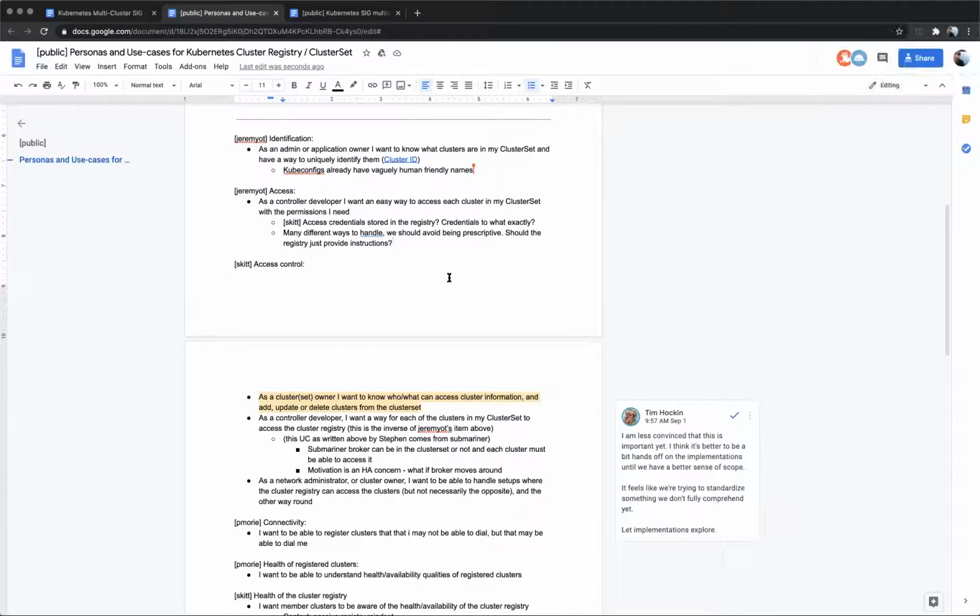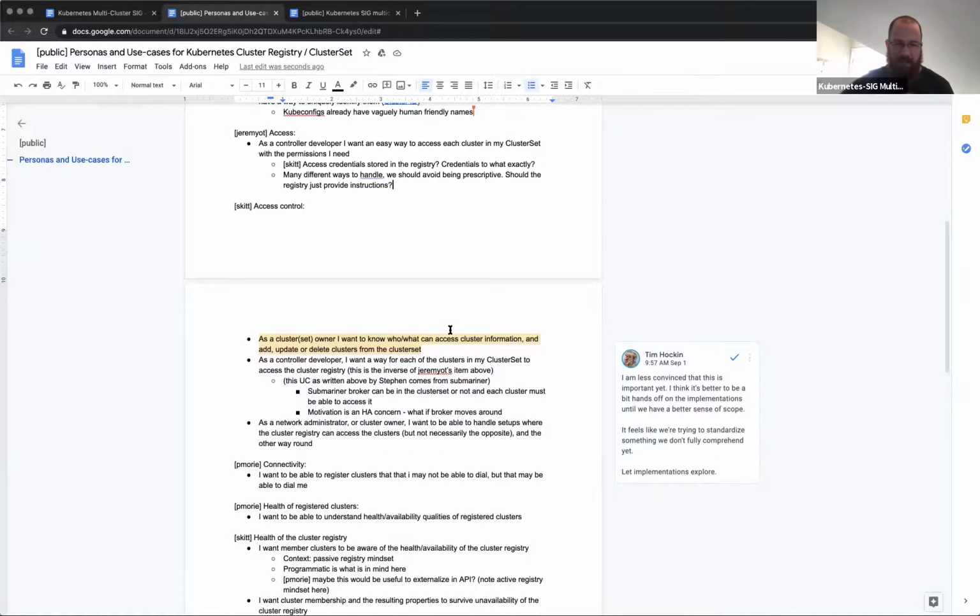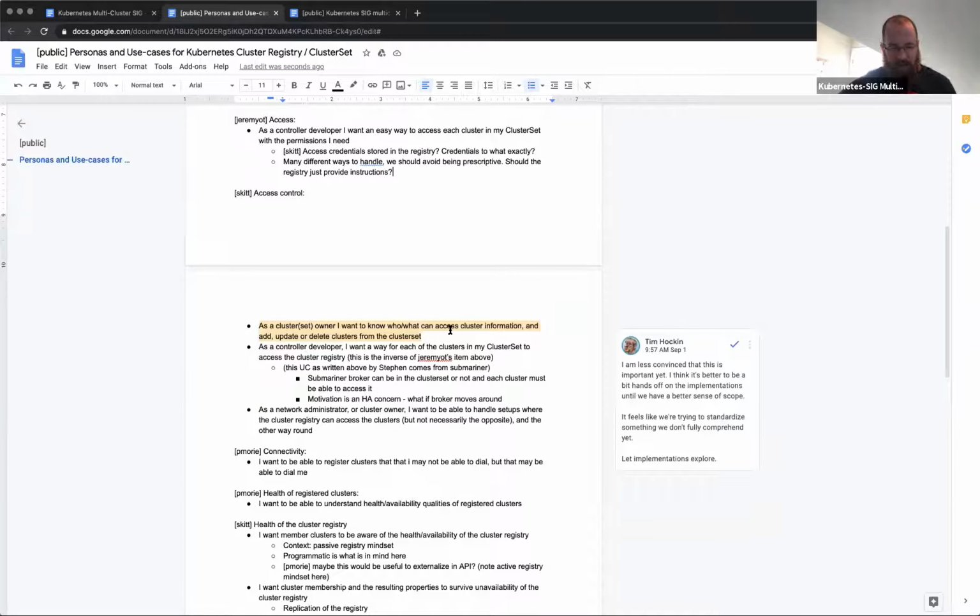Yeah, I think that would make sense. These are all very valid use cases, but they are also not likely to all be used by any given consumer.